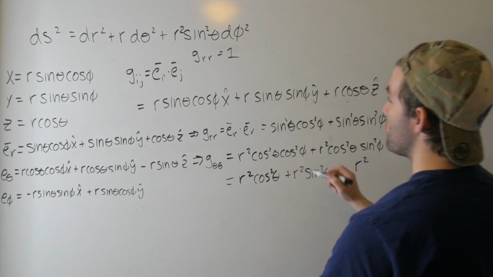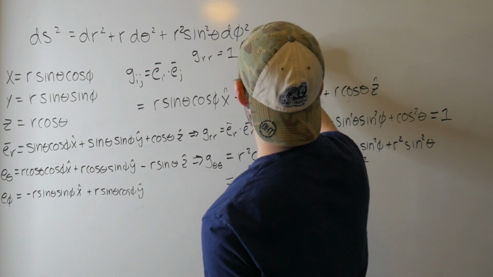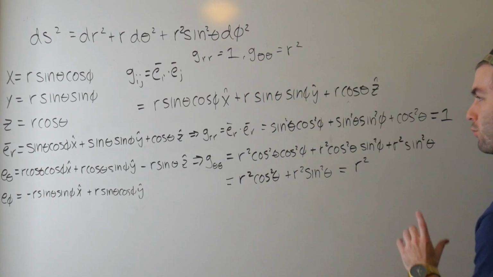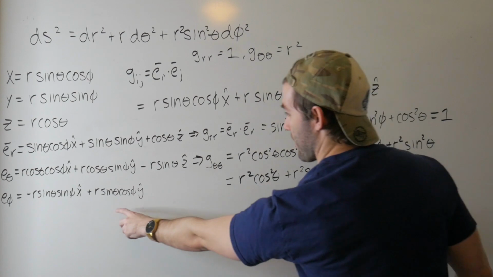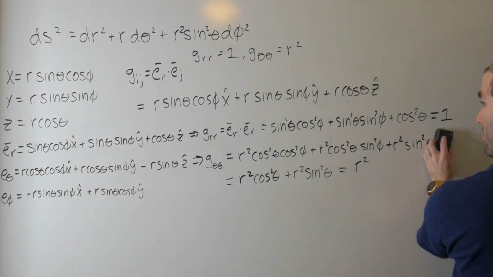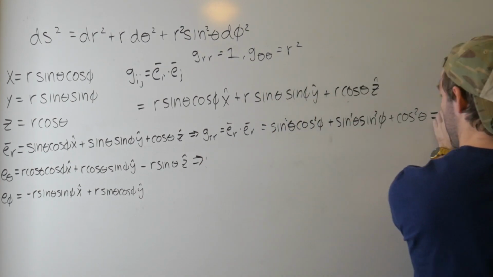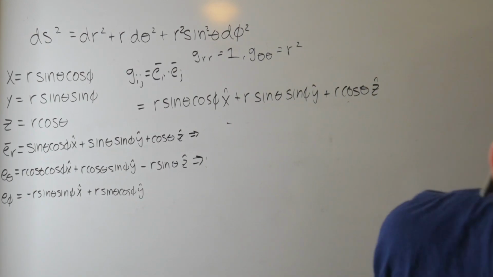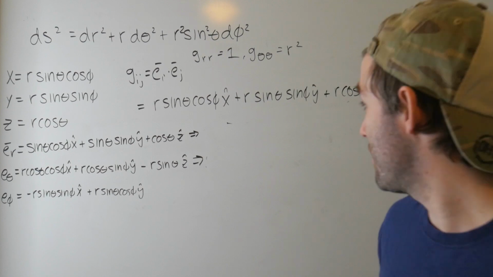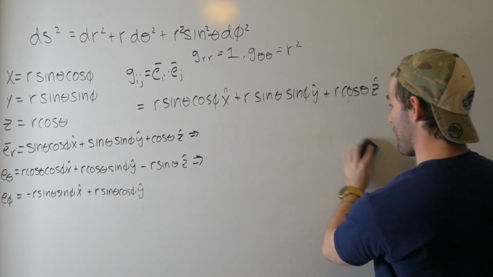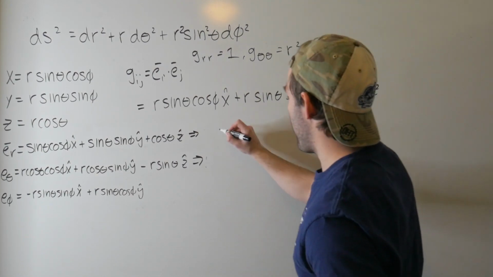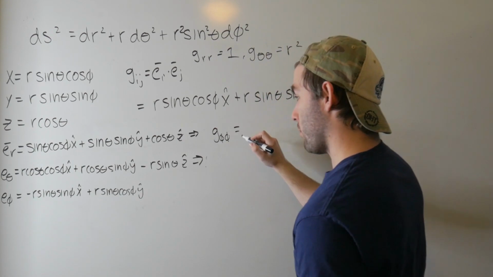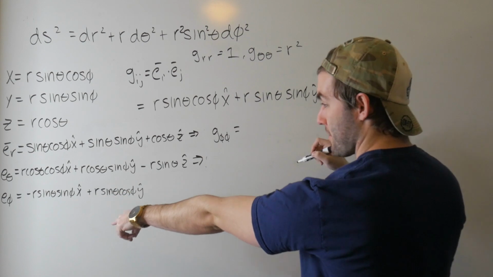So we get that g theta theta is equal to r squared. Making progress. Last one, I'm going to erase this work. That way I can do this one real quick. Sorry, my cat was going to knock over my cup of water. So g phi phi is equal to minus r squared times minus r squared.